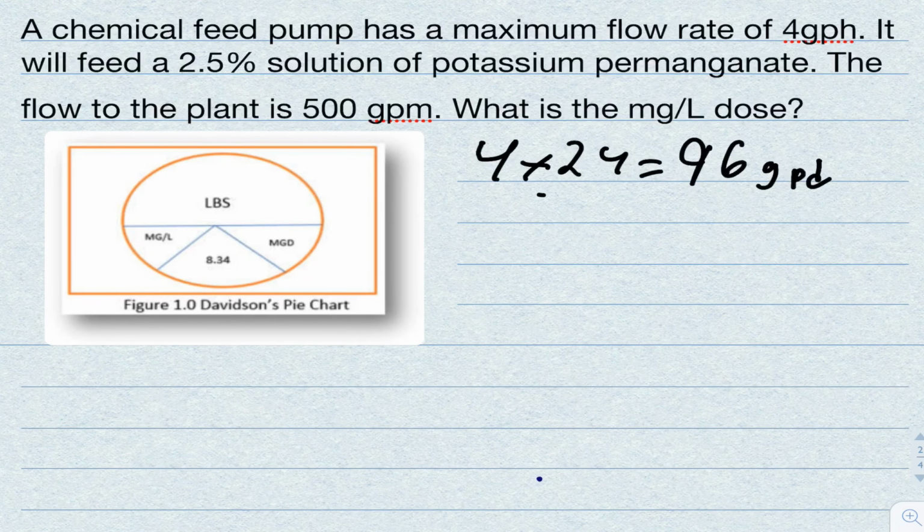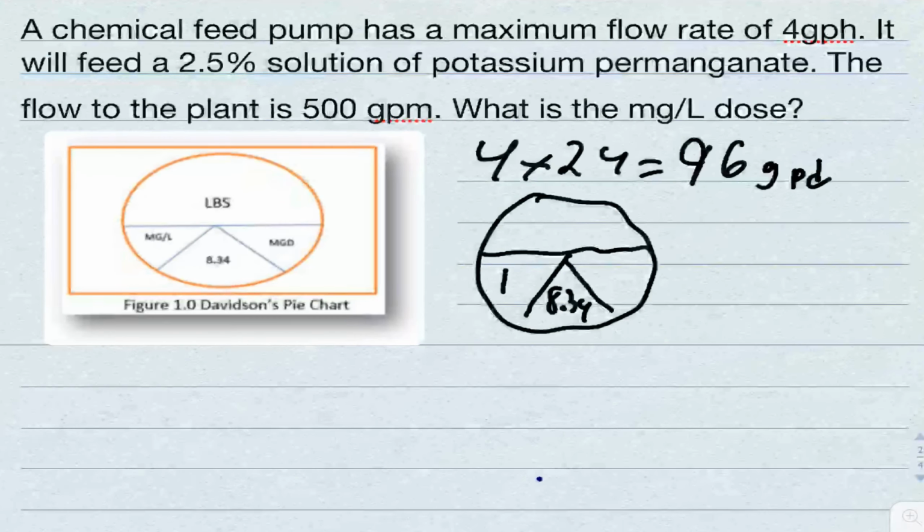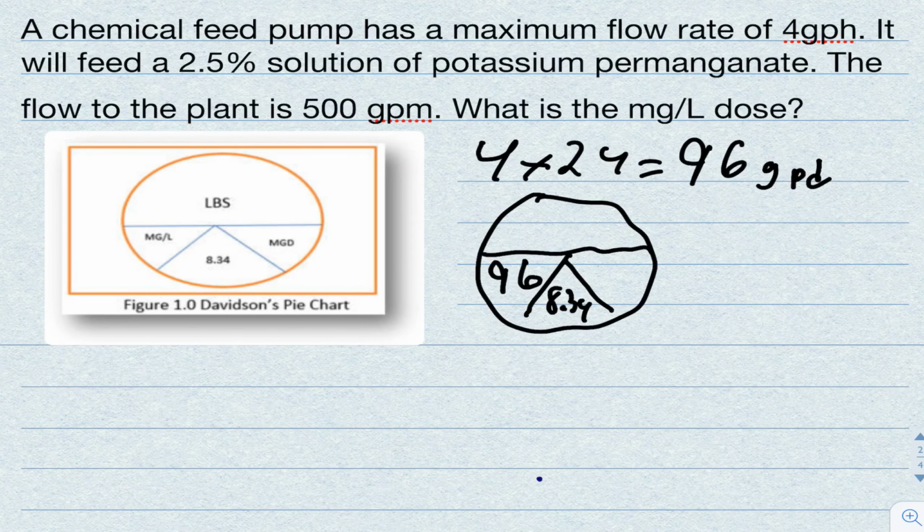Now let's put that into our pie chart. 8.34. Now we're using 96 gallons per day, so we're going to put 96, and we are using 2.5% of solution, so we need to change that into a decimal.